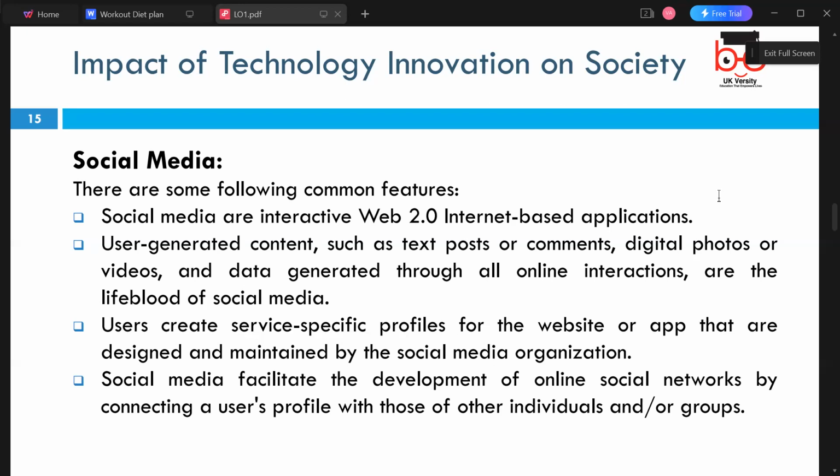So they're pretty much full stack applications. And users can generate content such as text, posts, comments, digital photos or video, through online interaction.